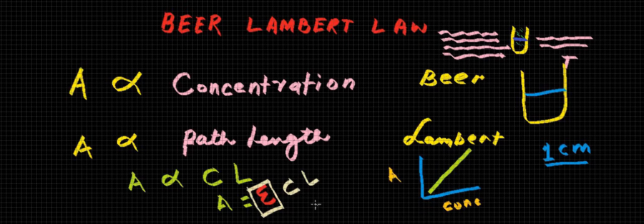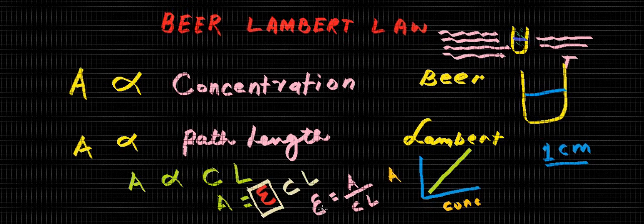Mathematically speaking, A divided by CL is equal to epsilon. The epsilon is equal to A over CL. So A is absorbance, C is concentration, and L is path length.